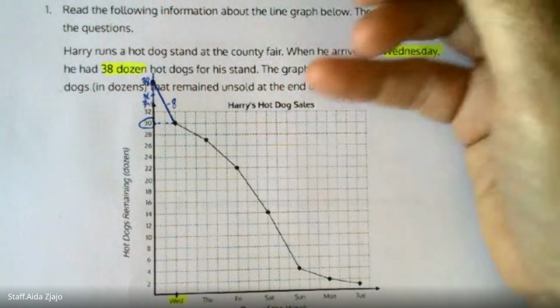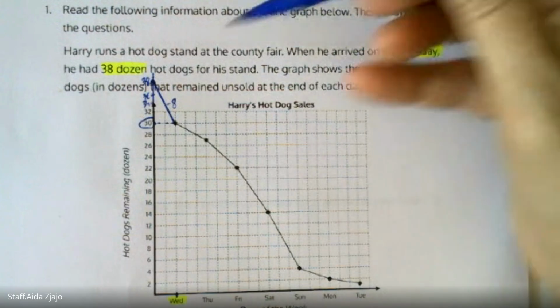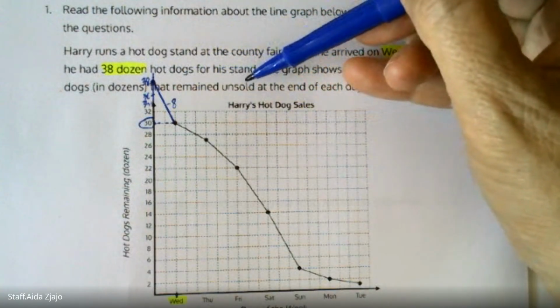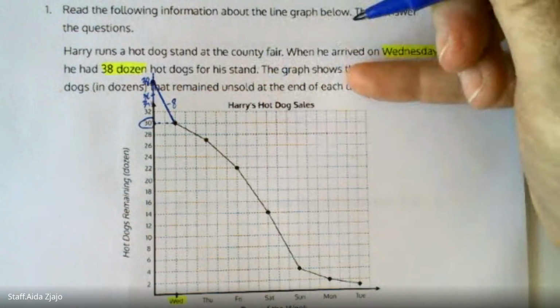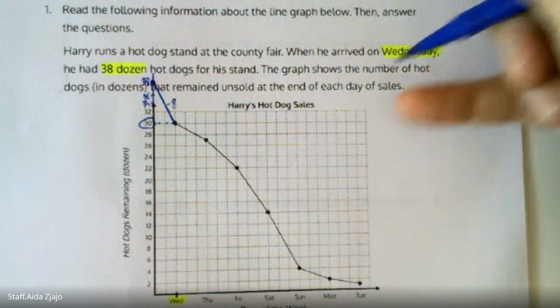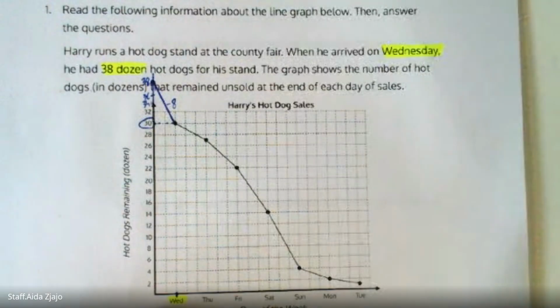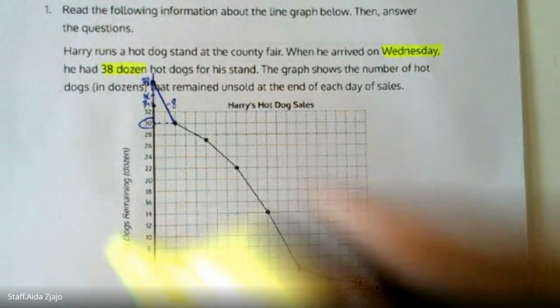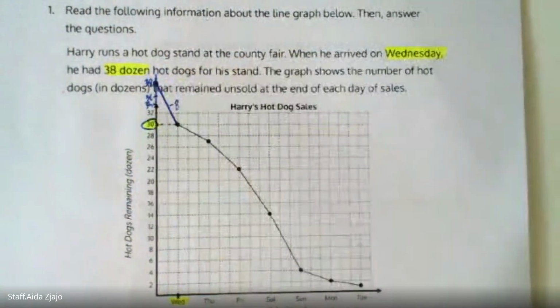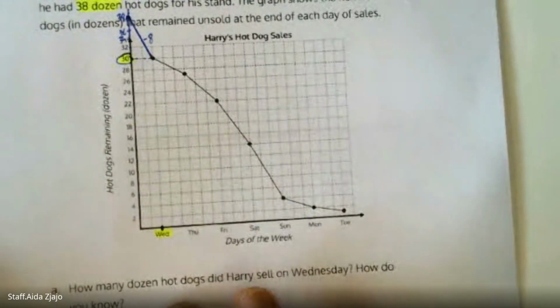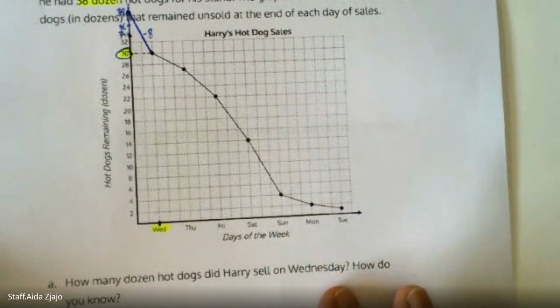Okay, so let's see what else. The graph shows the number of hot dogs in dozens that remained unsold at the end of each day of sale. So on a Wednesday, he has 30 left. That's the information we got. Question A says, how many dozen hot dogs did Harry sell on Wednesday? How do you know?